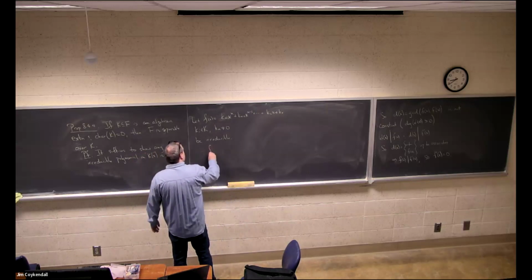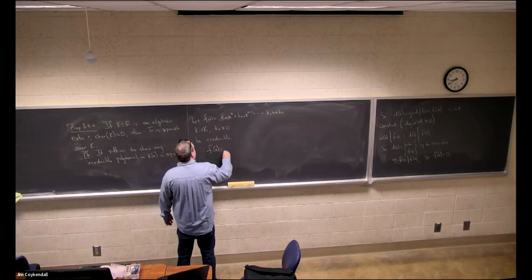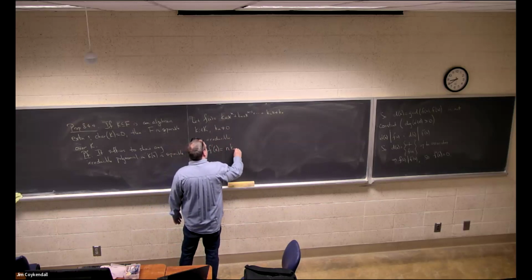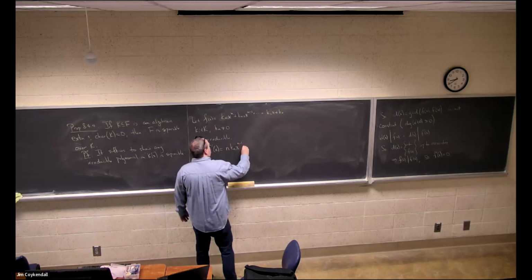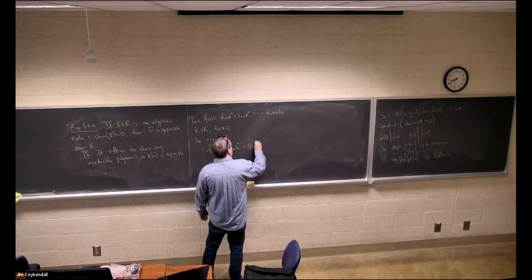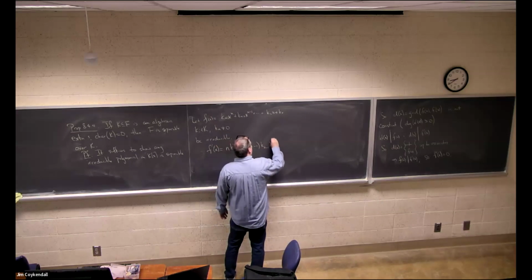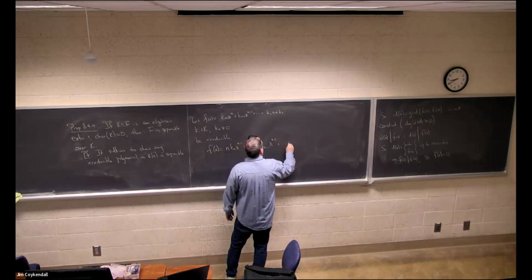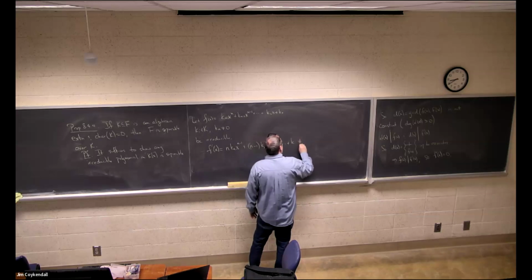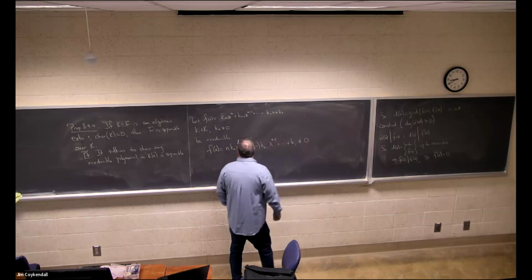Notice that f prime of x is n K_n x to the n minus 1 plus (n minus 1) K_(n minus 1) x to the n minus 2 plus and so on down to K_1, which is not 0.